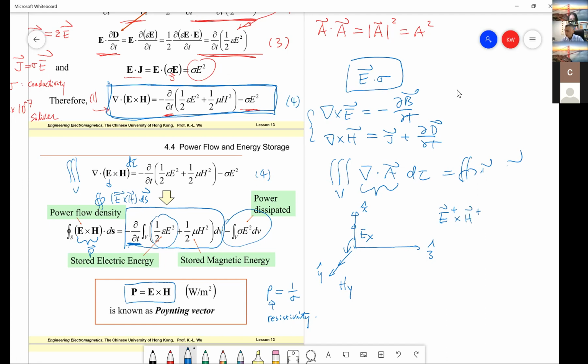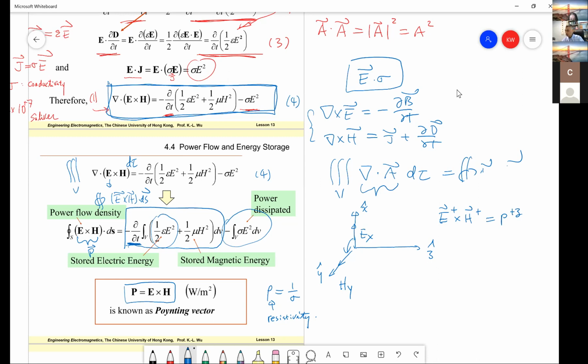E cross H is in the P direction, in positive Z. We also, do you remember, for the wave propagating in the minus Z direction, the magnetic field has a minus sign.